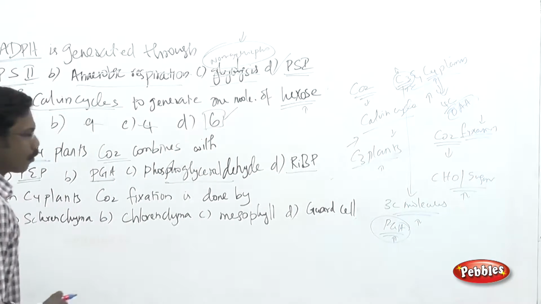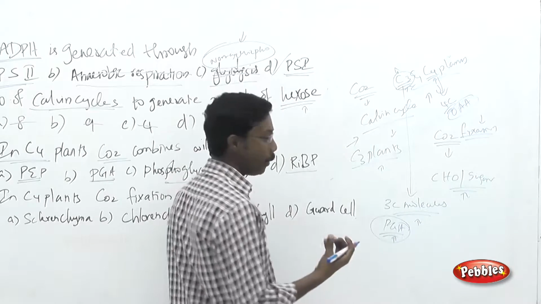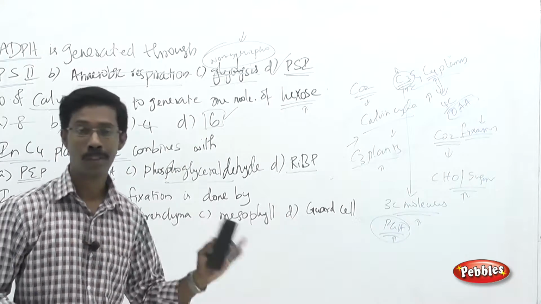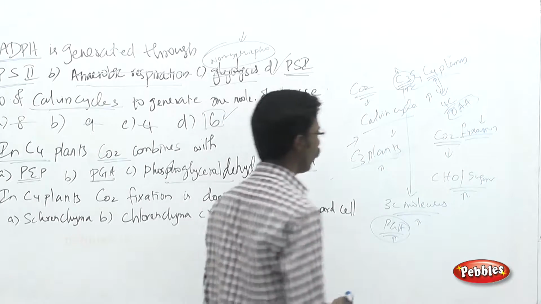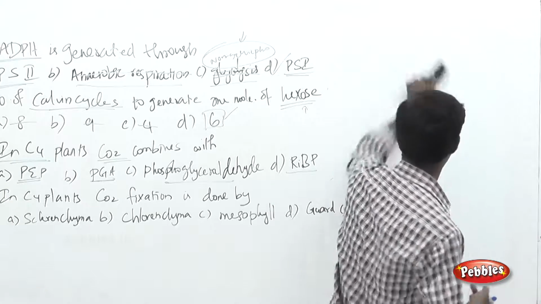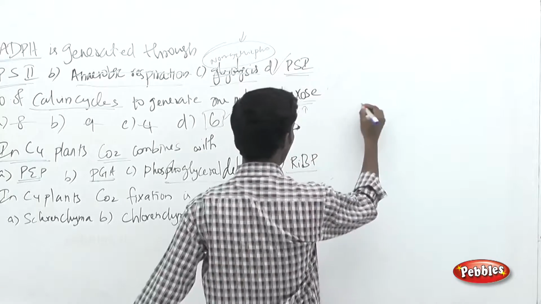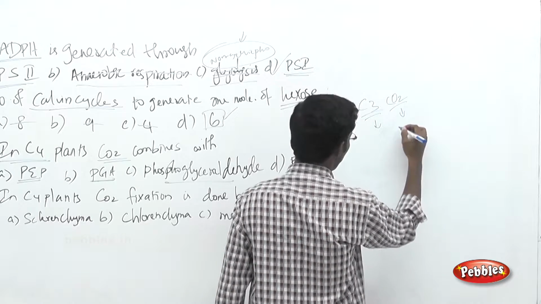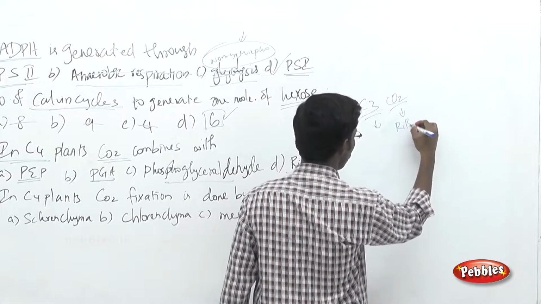Okay, so the question here: what will be the acceptor molecule for the carbon dioxide in both C3 and C4? You have to remember one thing. While we were discussing the previous question, as I told you, in case of C3 plants the carbon dioxide will be accepted by ribulose bisphosphate.